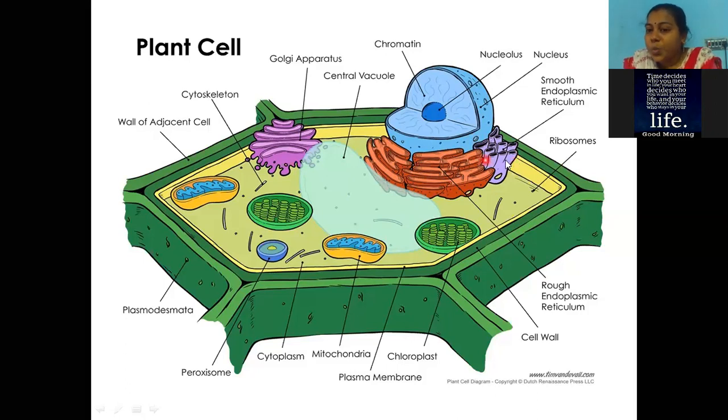So it spreads through the cytoplasm. It's a network-like structure. Through the cisternae and the tubules, many substances are transferred from one place to another.